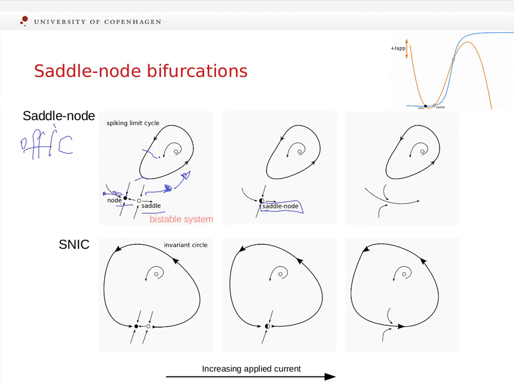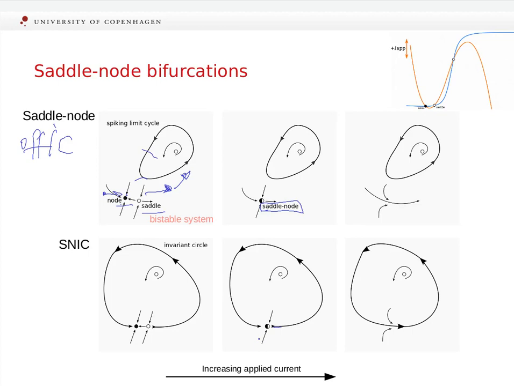In the other kind of saddle node bifurcation, the limit cycle attractor is born simultaneously with the vanishing of the saddle node equilibrium. So this is saddle node on invariant circle. What happens here is at the moment of bifurcation, we have this saddle node equilibrium point, and any trajectory that starts from this side of this point will end up on the other side of the same point, and this kind of trajectory is called an invariant circle.